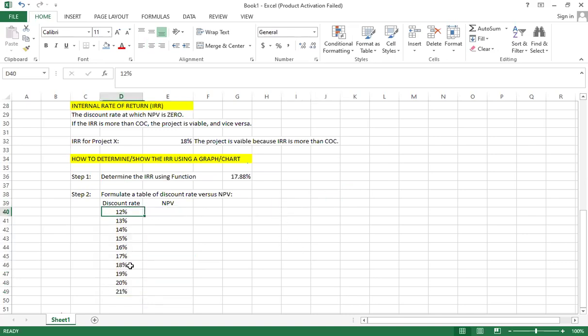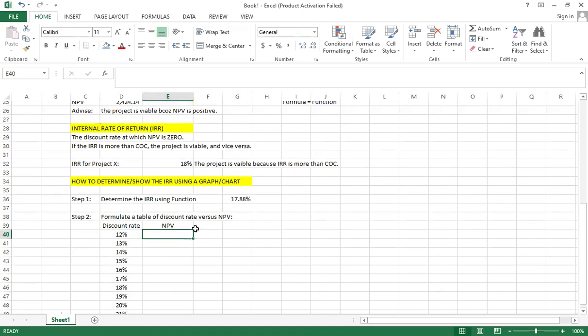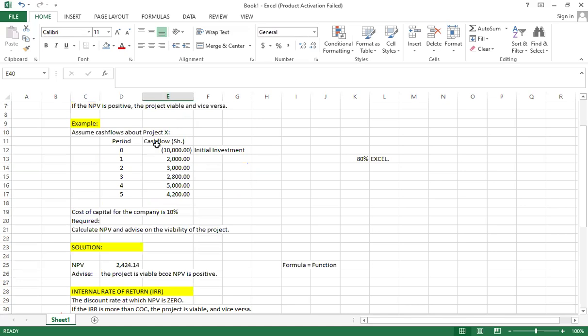What I'll do next is to compute, for each of the rates, an NPV, like now at 12%, what is my net present value? Remember, for the project, the cash flows are still these ones.